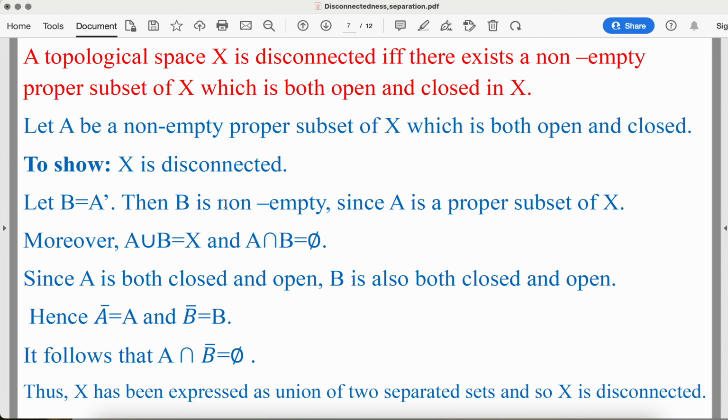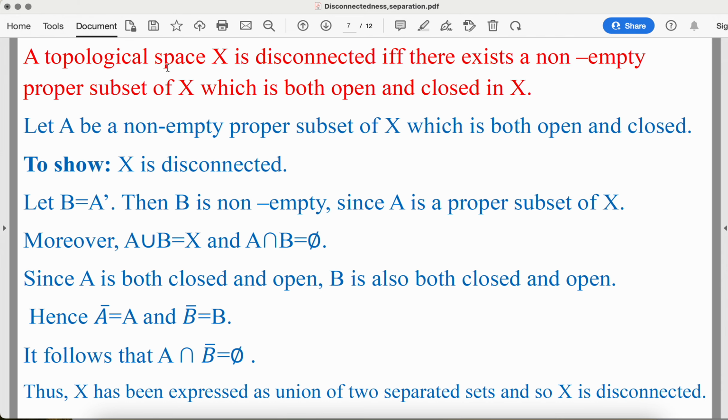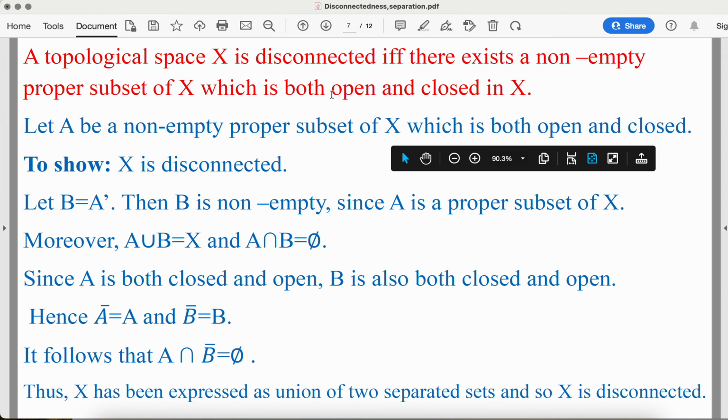Now we will prove one result. A topological space X is disconnected if and only if there exists a non-empty proper subset of X which is both open as well as closed in X. Suppose A is a non-empty proper subset of X which is both open and closed. Now we will show that X is disconnected.